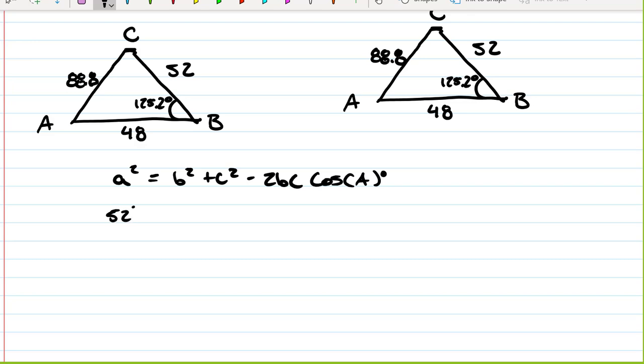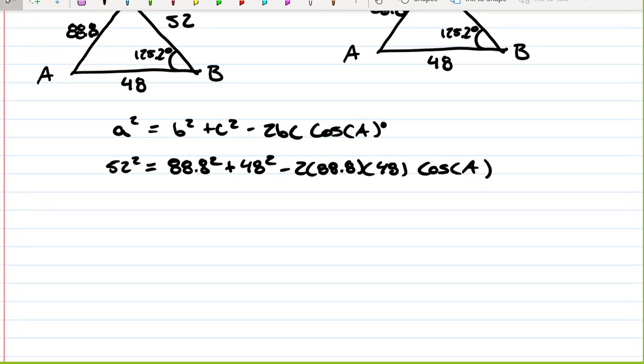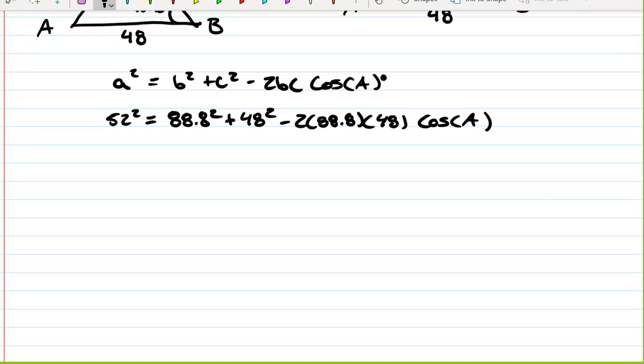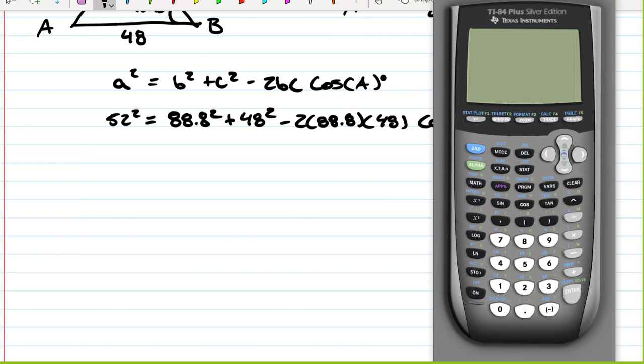So this gives us 52 squared is equal to b squared, which is 88.8 squared, plus c squared, which is 48 squared, minus 2 times 88.8 times 48 times the cosine of A. So we start by simplifying, and let's take our 52 squared minus 88.8 squared minus 48 squared.